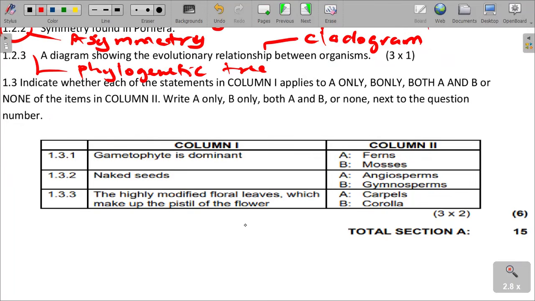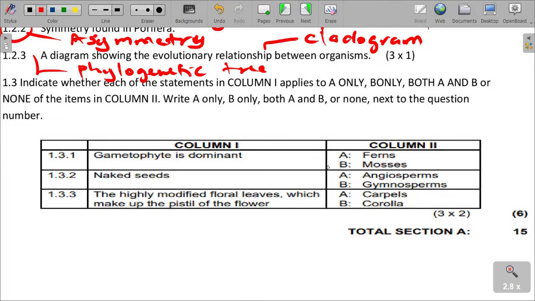So we need to go to question 1.3, where we are supposed to identify whether the statements in column A apply to A, B, both or none from column B. Write only the letter next to the question number. Gametophyte is dominant: we see that in the mosses.